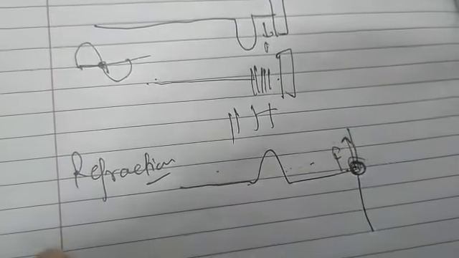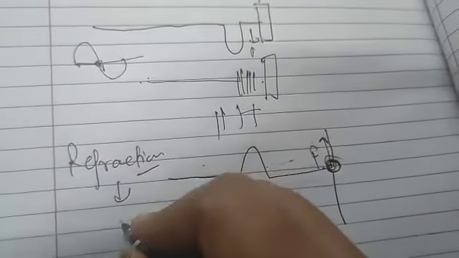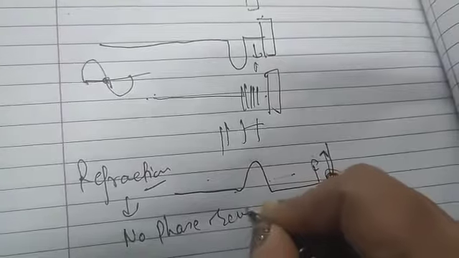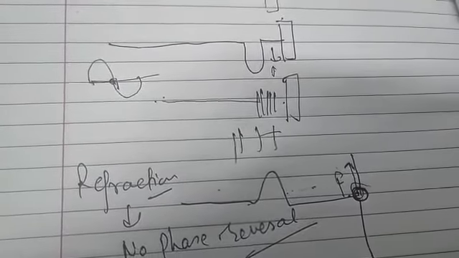So again we get a crest, so no phase reversal. Hence we can say that a phase change takes place on reflection from a rigid boundary, and no phase change takes place in the case of reflection from an open boundary.